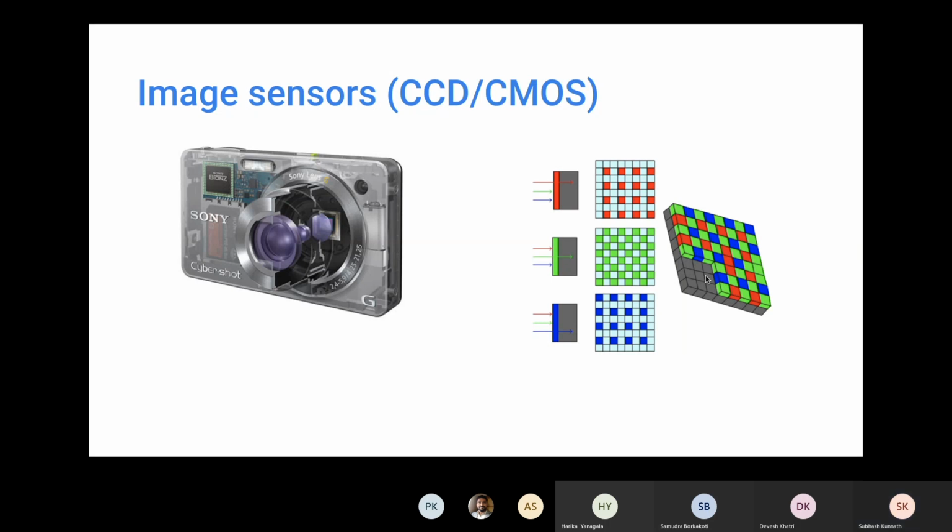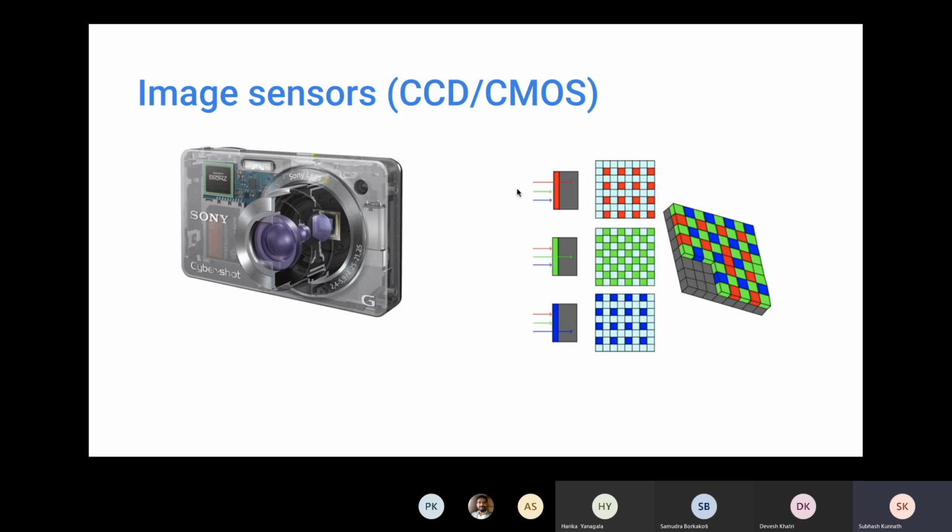Each of these image sensors has its own color filter.